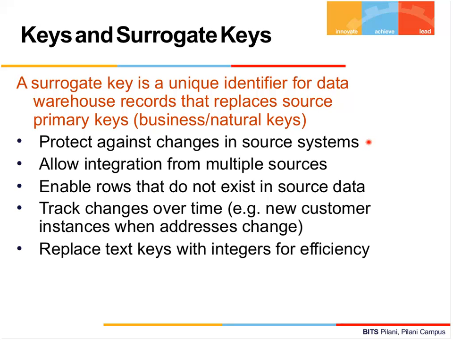If I'm not able to protect against changes, as soon as I move to Southern India, my ID is 1234, and immediately my sales territory changes from north to south.